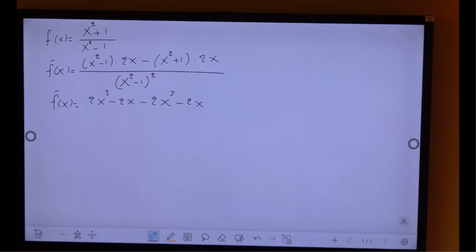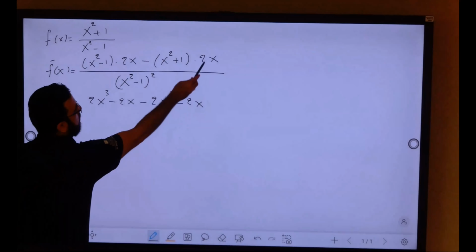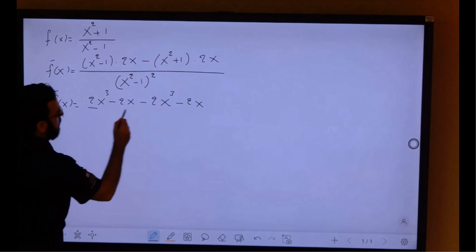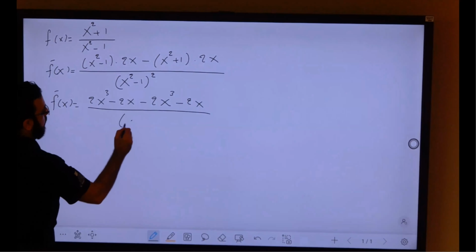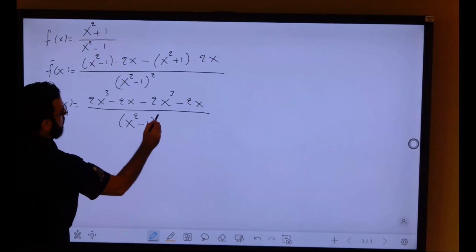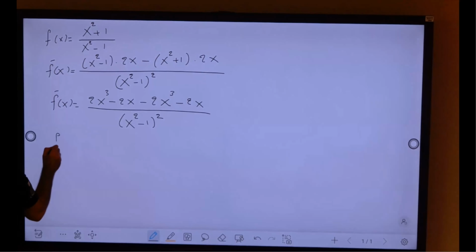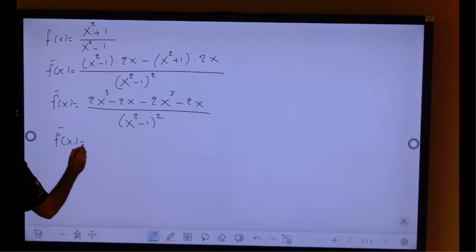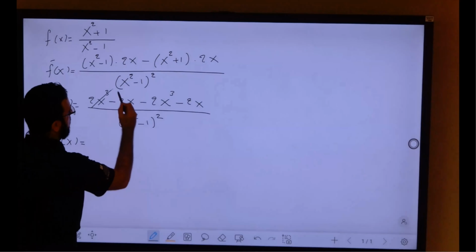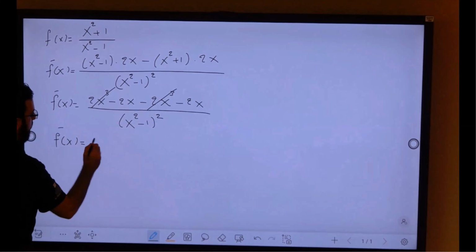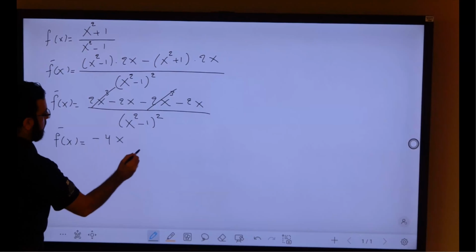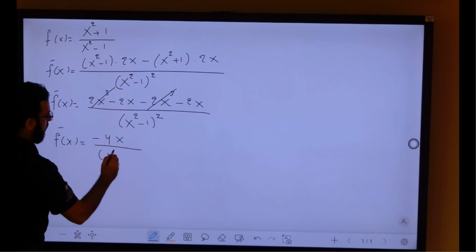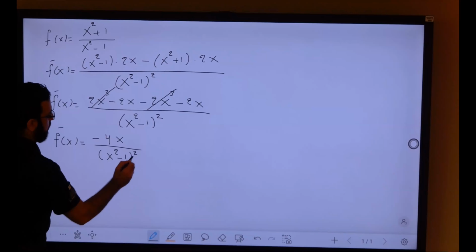That's what I did. Oh, yeah, I distribute the negative sign, and I distribute the 2x over x squared minus 1 squared. And then this is 0, so it'll be negative 4x over x squared minus 1 squared.